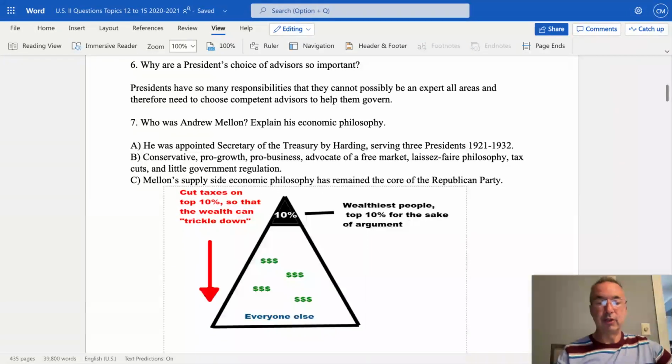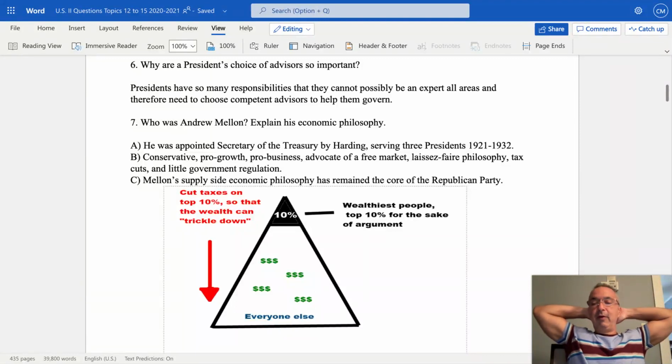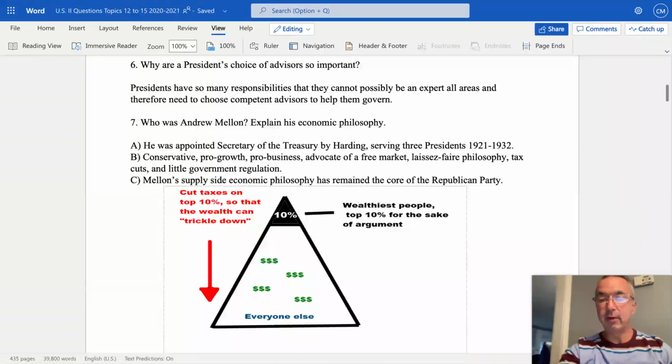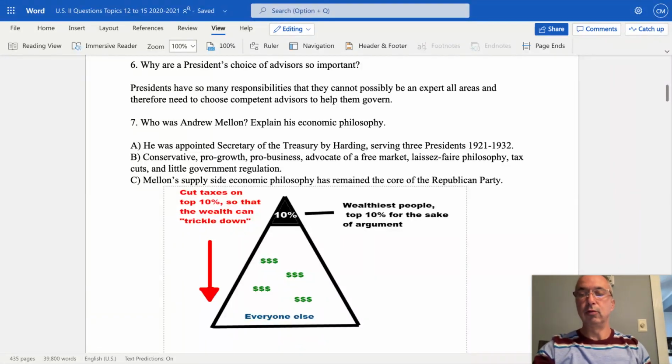We have a couple visuals here. The Republican economic philosophy puts forth the idea that over the course of time, wealth will trickle down to all members of society if you cut taxes.